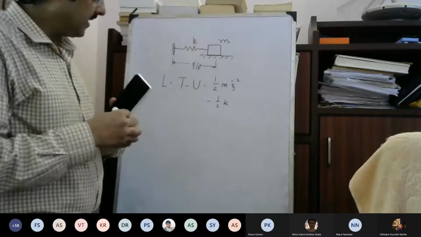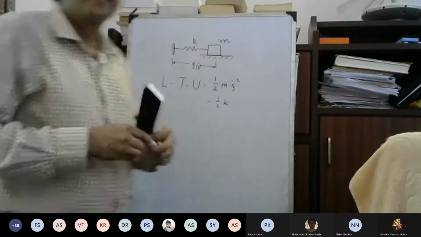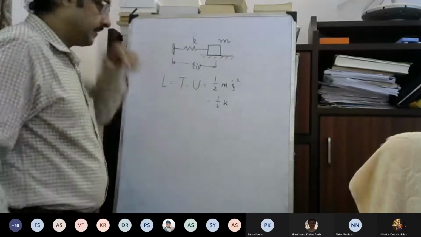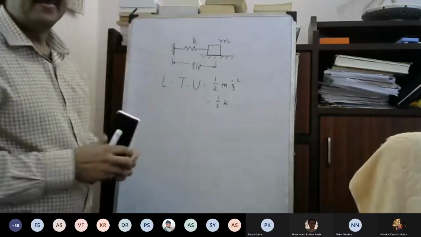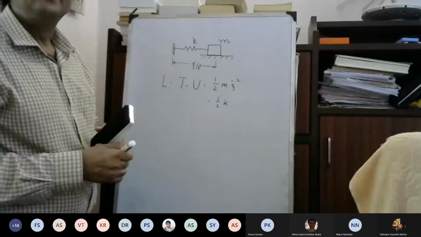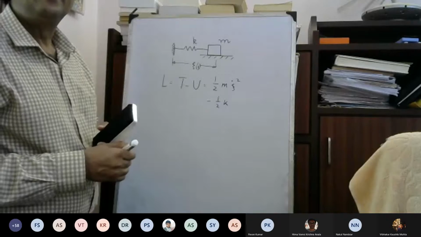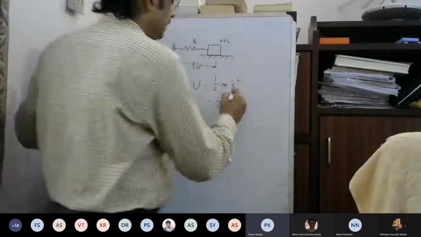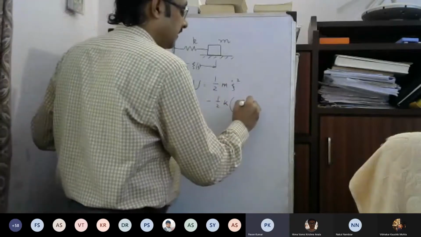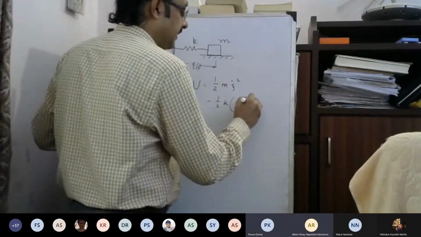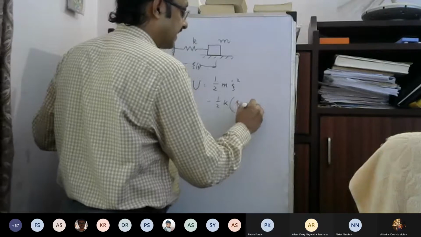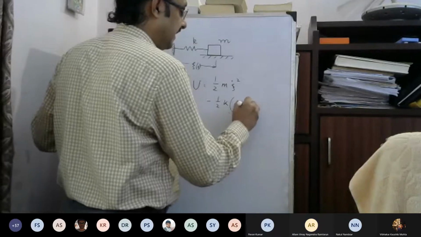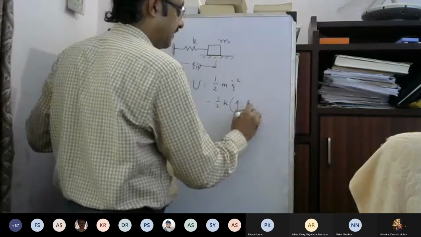Are you sure? No, sir, it will be the displacement, zeta minus the initial length. So if I write the free length as, let us say, L naught, or LF.